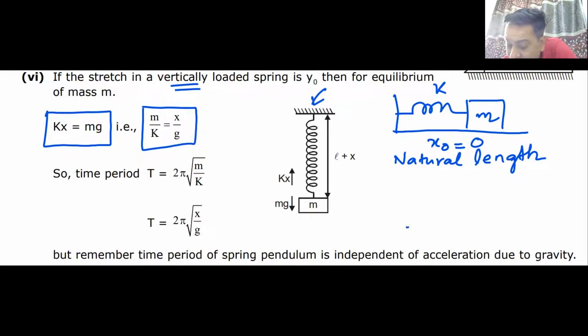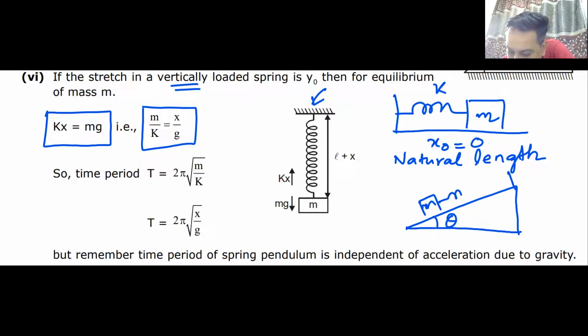Now look at the case where the block was kept on an inclined plane of angle theta. The block of mass m was kept on an inclined plane of angle theta.